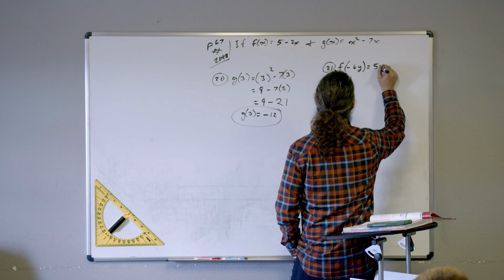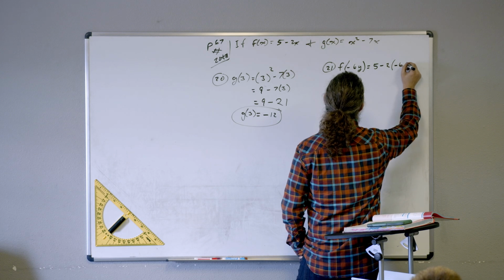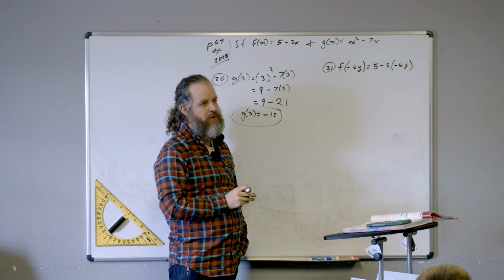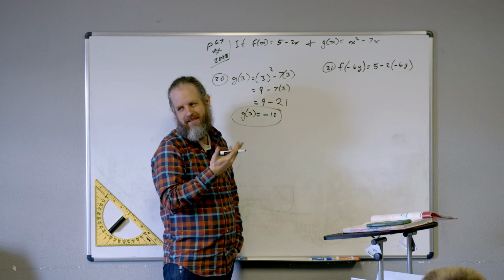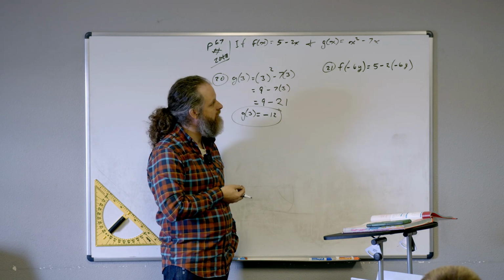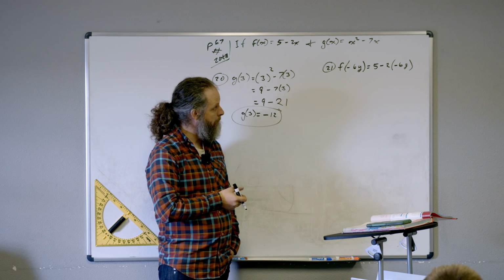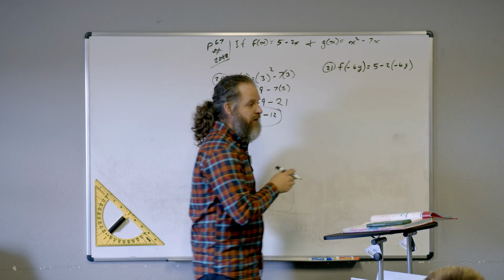So 5 minus 2 times negative 6y. So what would we do now? It's not really distributive, we're multiplying, right? So negative 2 times negative 6y is what? Positive 12y. Negative times a negative is positive.